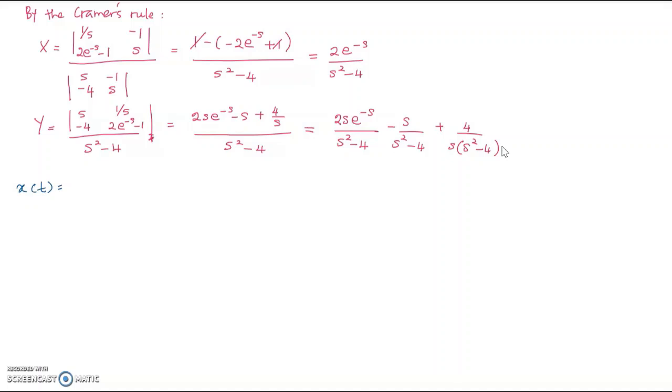So xt is the inverse of xs, which means it is the inverse of 2 exponent negative s over s squared minus 4. So you need to refer to the table and see which one is the most similar to the expression on the right hand side of the table.